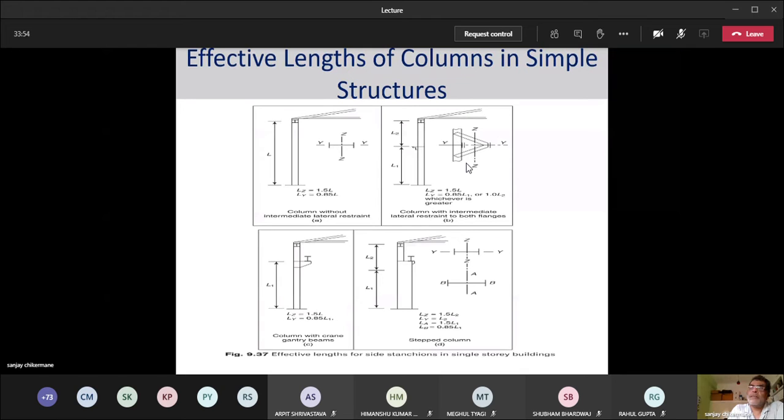So if the restraints in the xz plane are different than the restraints in the xy plane, you will have a different Ly and a different Lz. Yes, sir. I think that is what is important here: the effective length is not just for a member, it is also for which direction of buckling you are looking at. You might have different effective lengths for different directions of buckling.